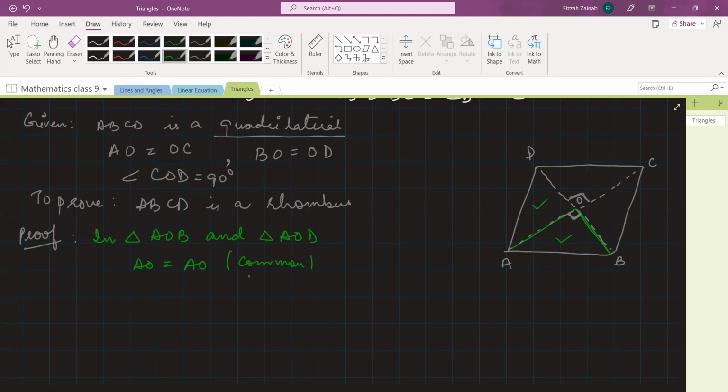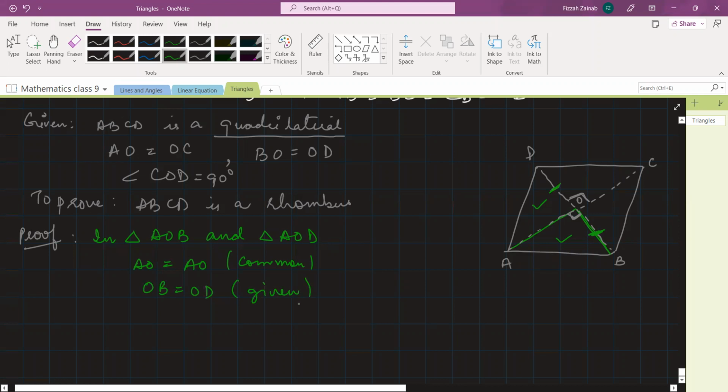Now it is given that the diagonal is divided into two equal parts. So I can say that OB is equal to OD, right? It is given. And also this angle is equal to this angle, both are 90 degrees. So angle AOB is equal to angle AOD, 90 degrees each.